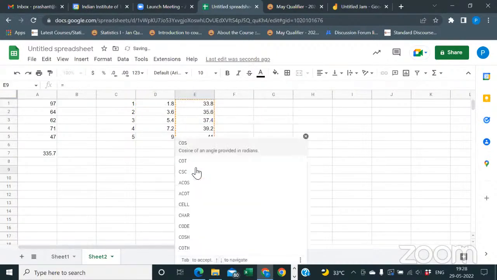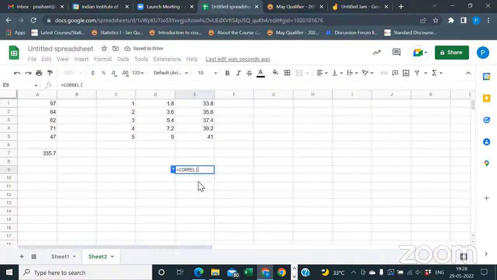Now you have to find the correlation between this Celsius and this Fahrenheit. It will come out to be 1 because there is a linear relationship between this and this. Got it?